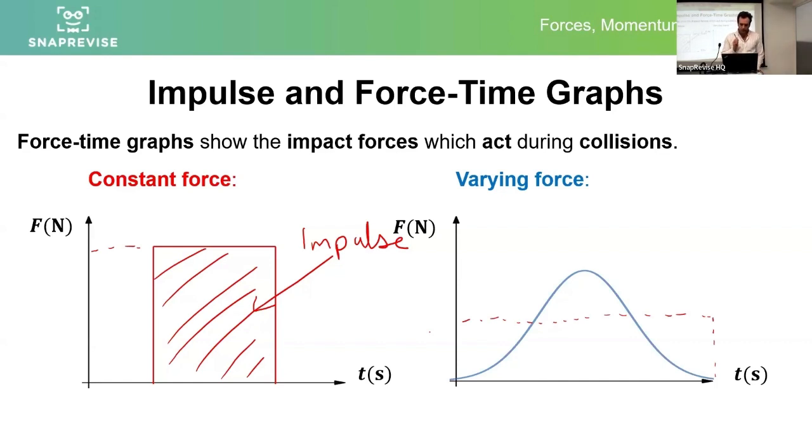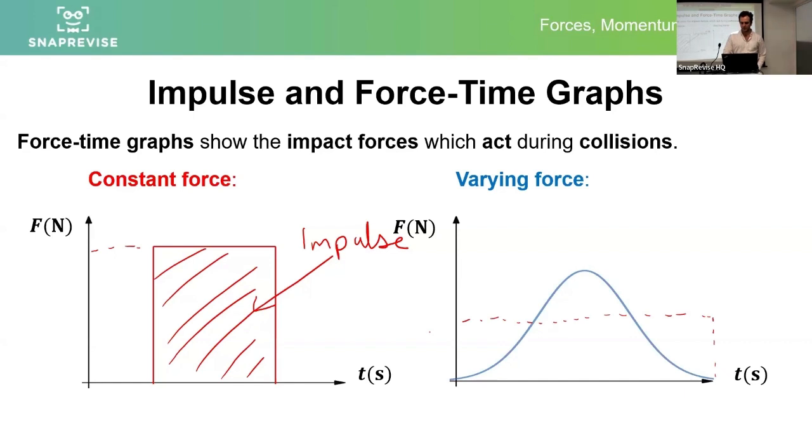For those of you who do A-level maths, you'll realize that rather than just multiplying a force by a time, you'll be looking at the integral of a force with respect to time. That's the most general statement. But as I said, for A-level physics, let's not get overexcited. You don't need to know calculus.